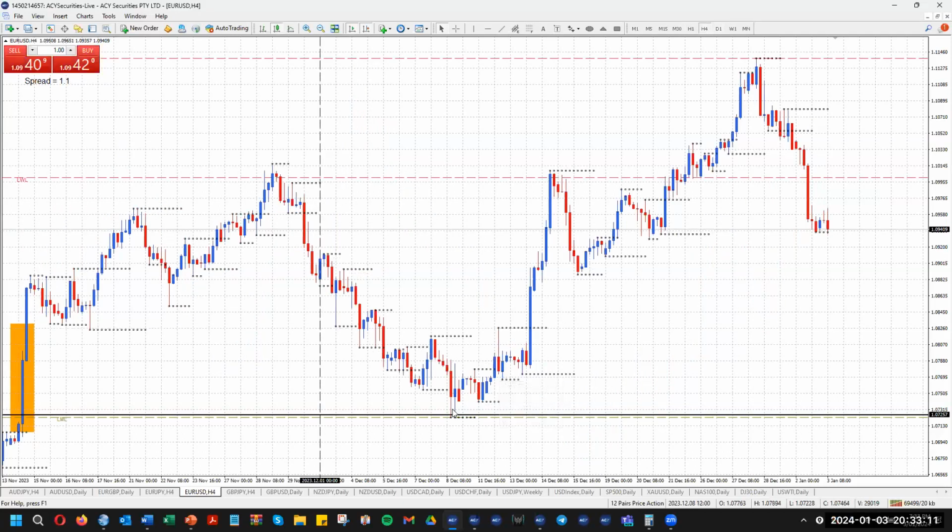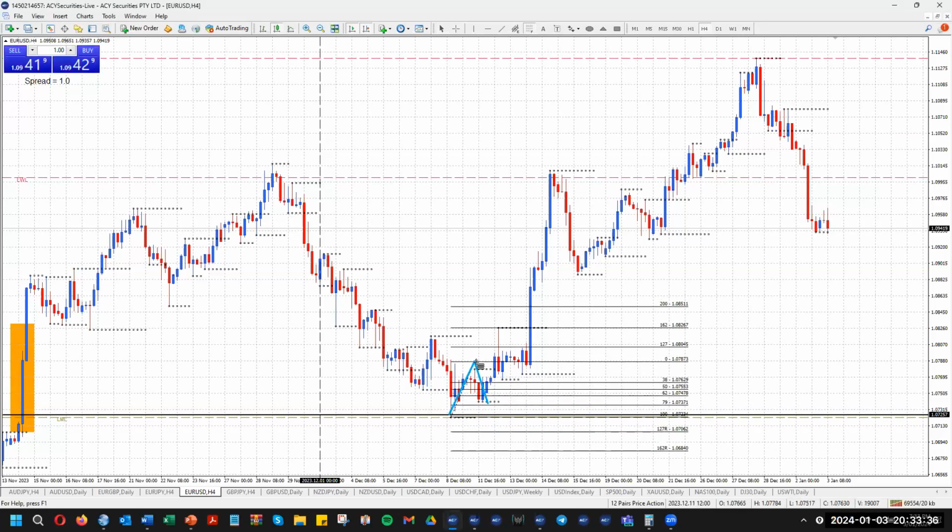So it comes down to an area of support. Doesn't give the best kind of 4-hour price action here, maybe to get an entry. What I always like to look for, and it doesn't show, but it's always worth looking for, is if price comes down to a clear area of support that you're watching, I then look for price to come up and then come down and form a 79% retracement.